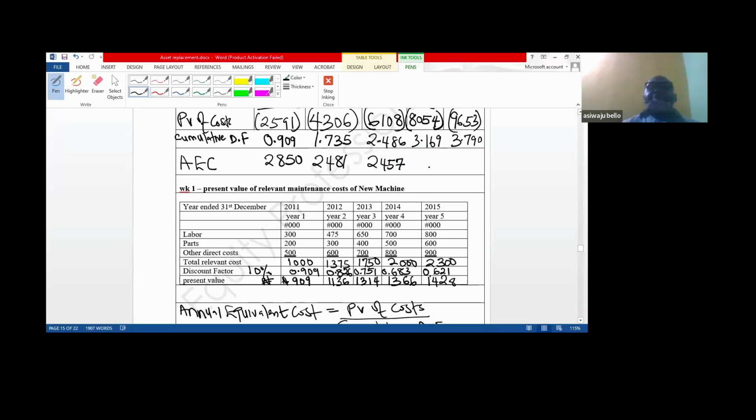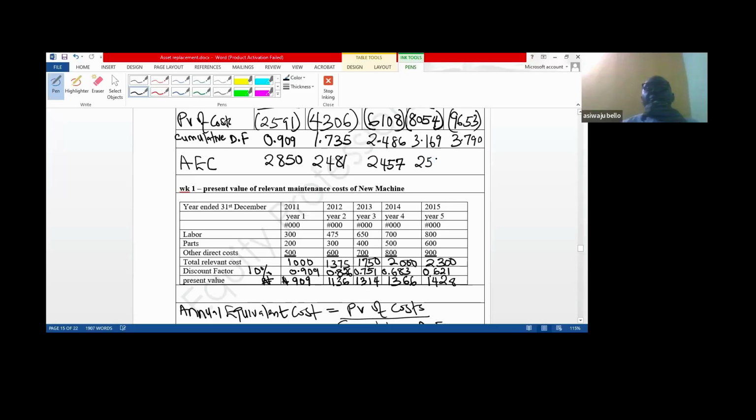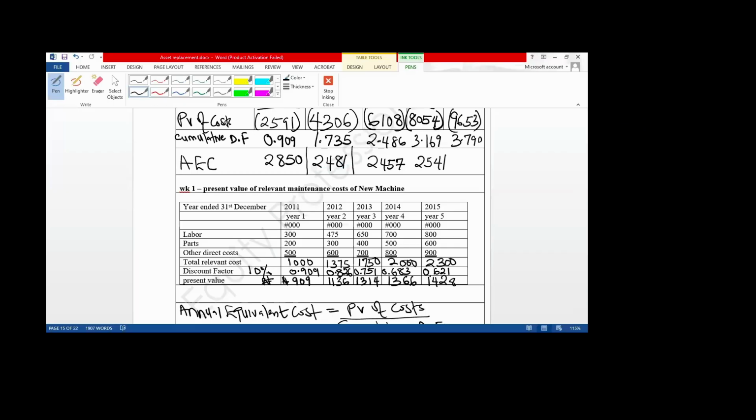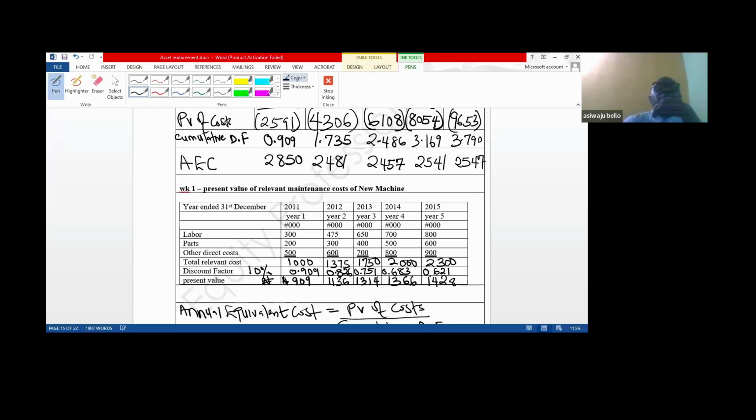Move to year 4 and year 5. Do the same thing. 2541. Then for year 5, 2547.